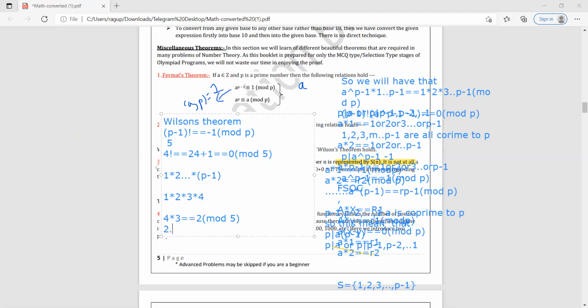Now 2 into 1 is congruent to 2, and 1 is congruent to 1 mod 5, we know this. Now 4 is congruent to minus 1 mod 5. So we have 1 into 4 congruent to minus 1 mod 5.